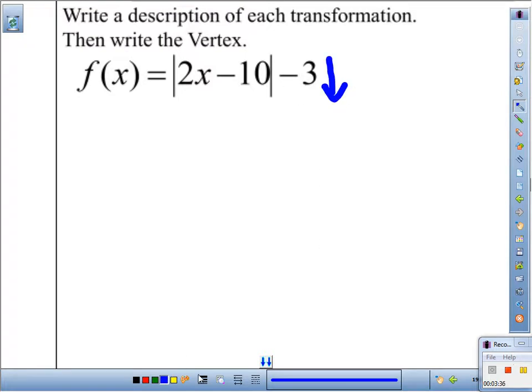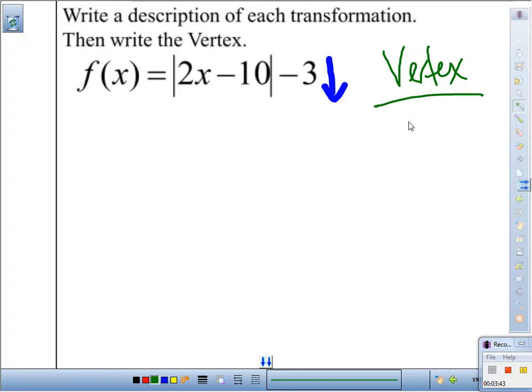Okay, we got that. However, the vertex, pay attention to this part, vertex is (5, -3). Some of you are like, what? Notice that this one is different because now, instead of just being this, now it has a number next to the x.